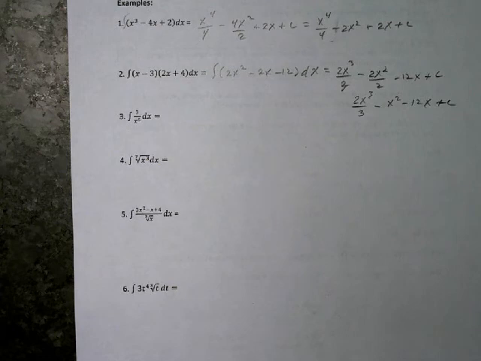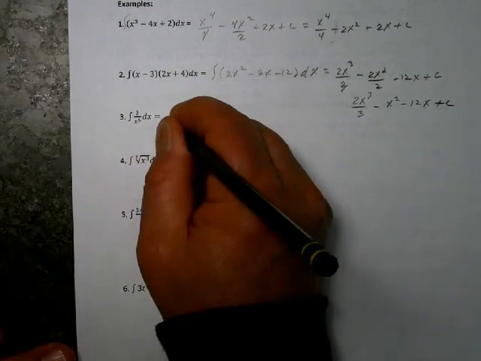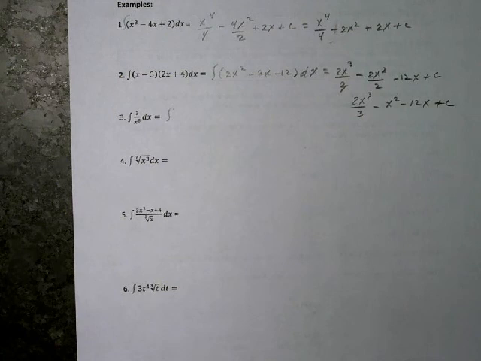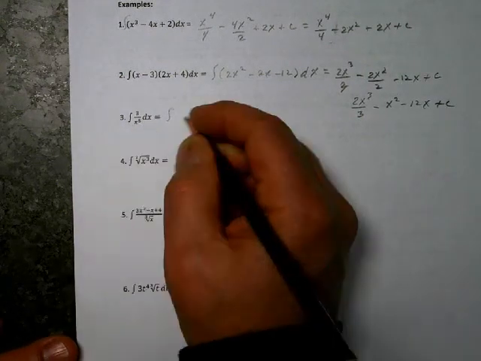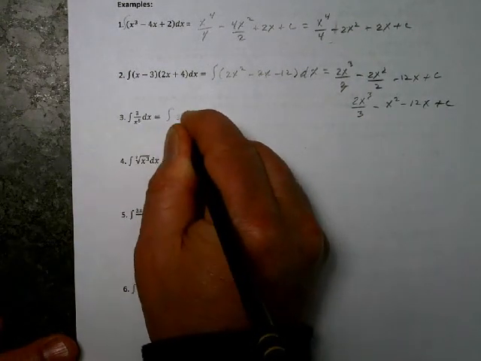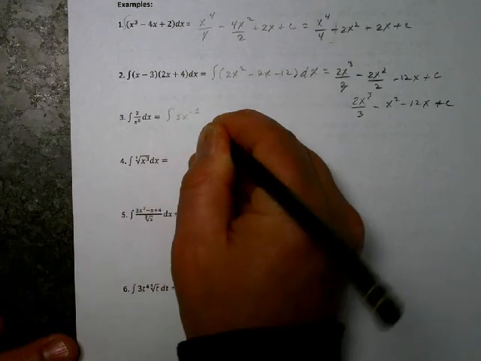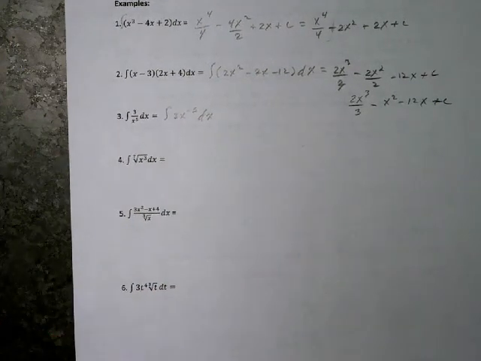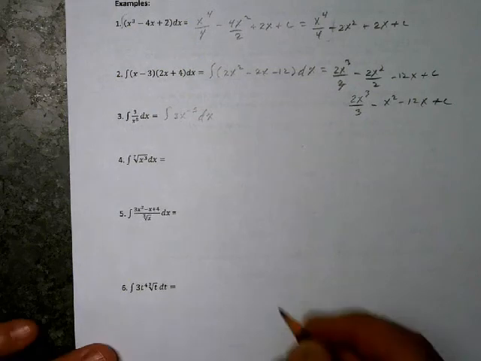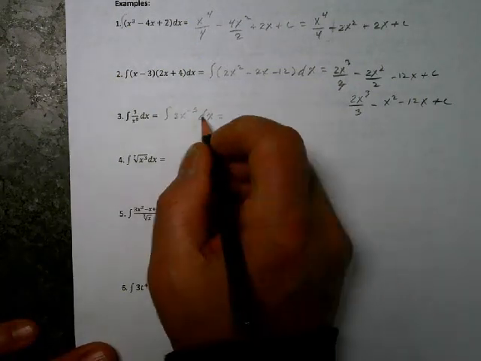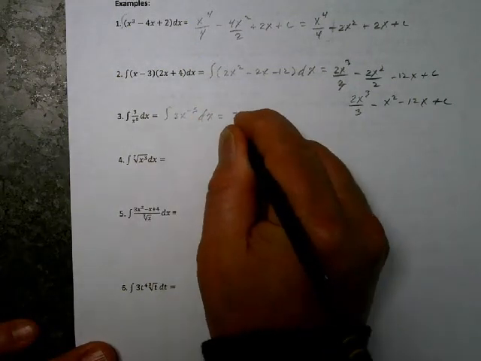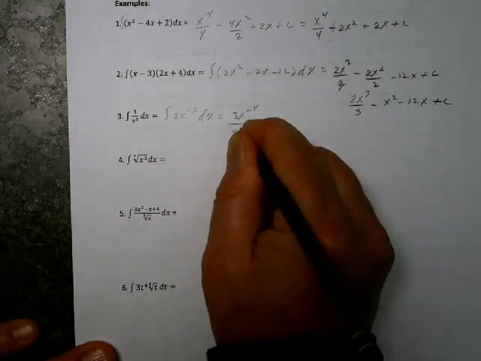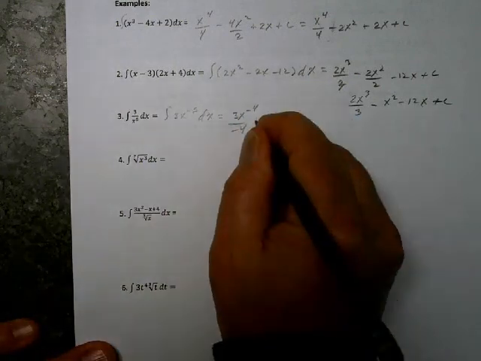And the third one, notice you're integrating 3 over x to the 5th dx. What I suggest is that you bring that x to the 5th up to the numerator. So you're integrating 3x to the negative 5 dx. We add 1 to the exponent, and then we divide by the exponent.